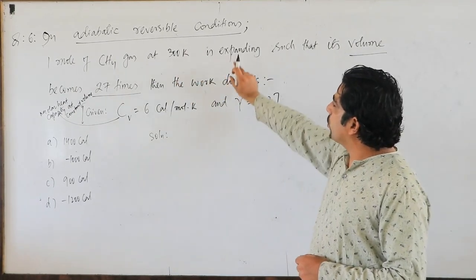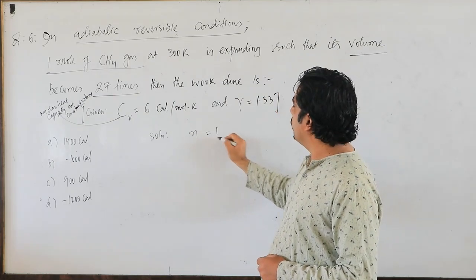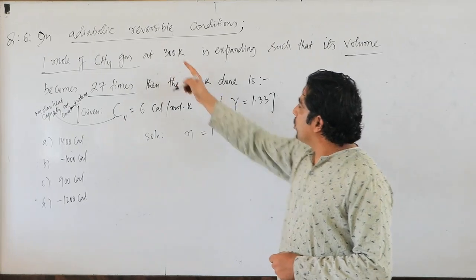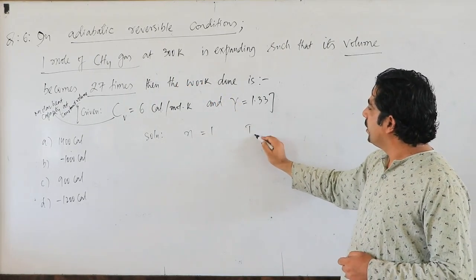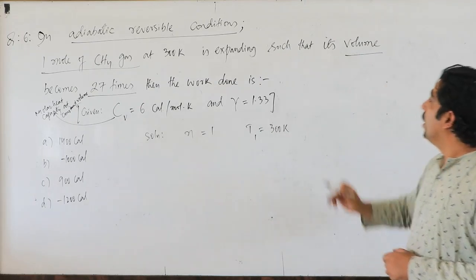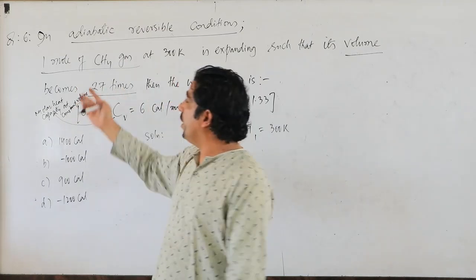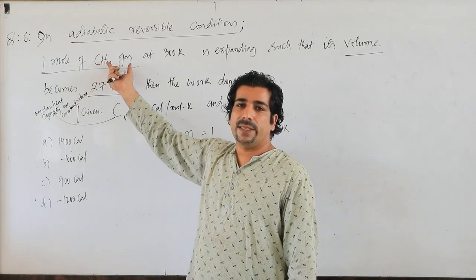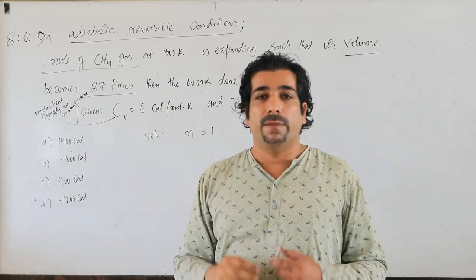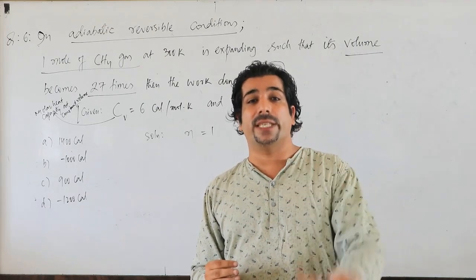So if you look at this question, you have 1 mole of methane gas, so n is equal to 1. And the temperature given is T1, 300 Kelvin. The volume becomes 27 times. When you are heating this methane gas at 300 Kelvin, the volume of methane gas increases 27 times.